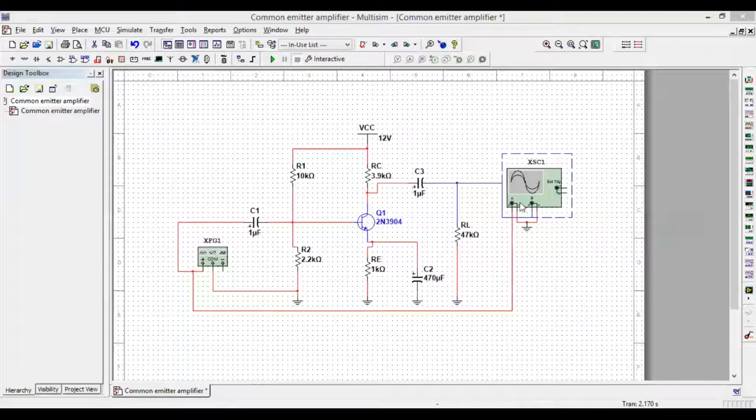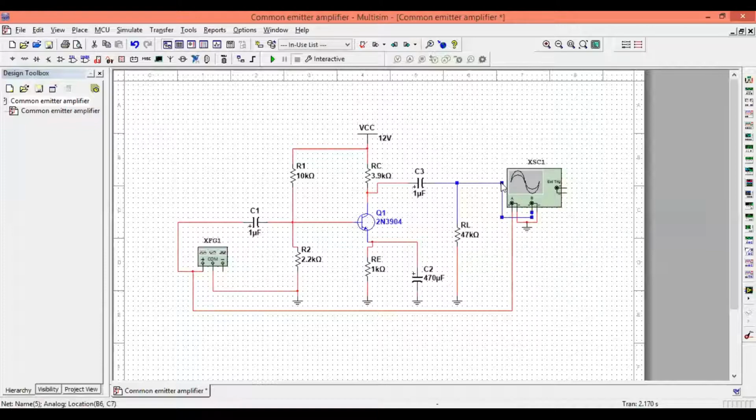Now if we look at the oscilloscope, this is channel A. Channel A is connected to the input, whereas the output is being observed by channel B. The output is being observed at channel B, whereas channel A is connected to the input.